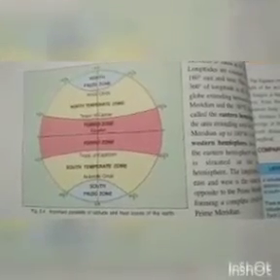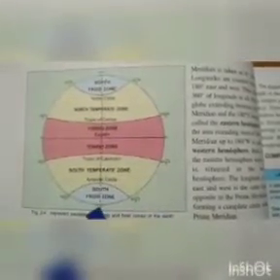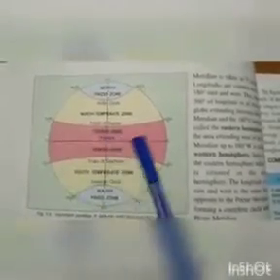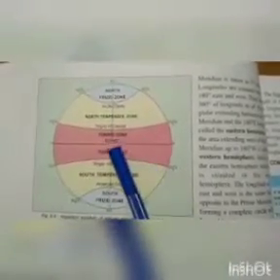Okay, now see this picture, important parallels of latitudes and heat zones of the earth. This pink shade is your which zone? Torrid zone.